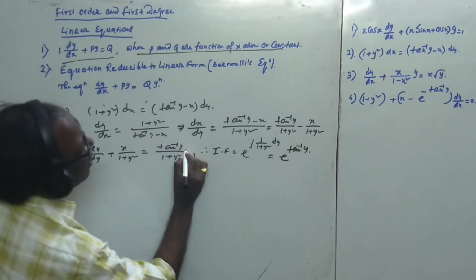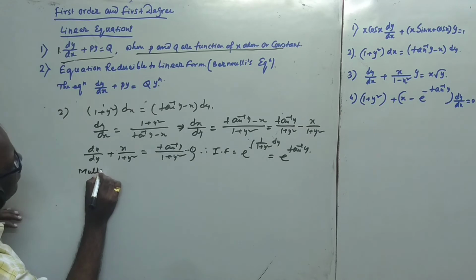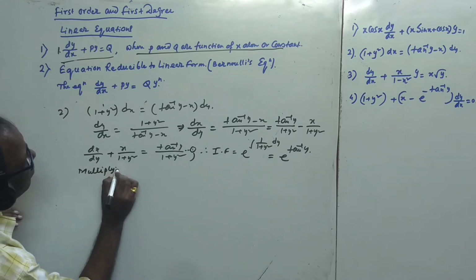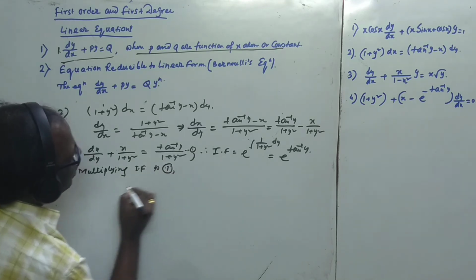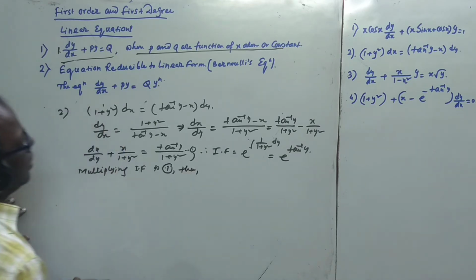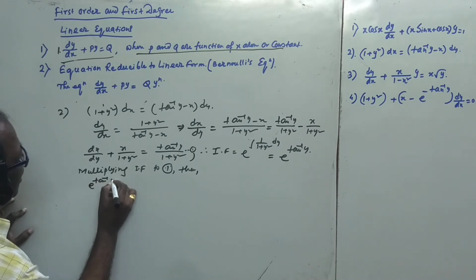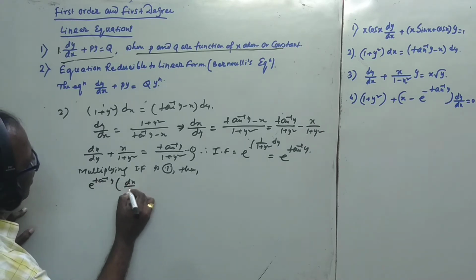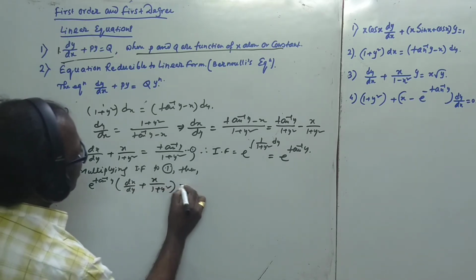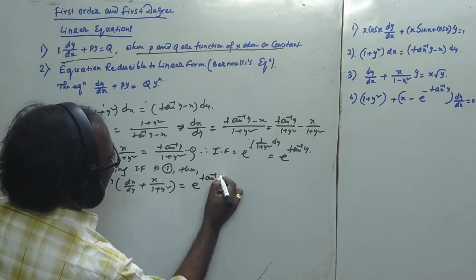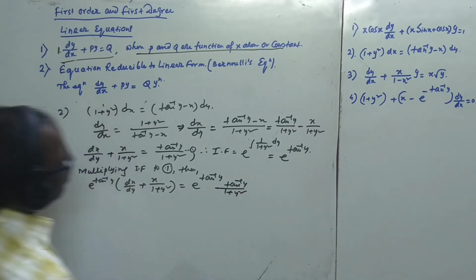Multiplying the integrating factor to the equation, we get e to the power tan inverse y dx by dy plus x by 1 plus y square e to the power tan inverse y equals tan inverse y by 1 plus y square times e to the power tan inverse y.